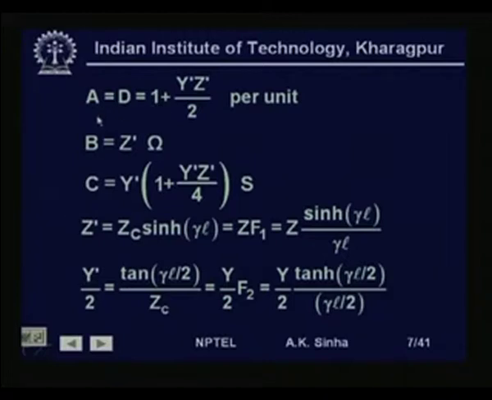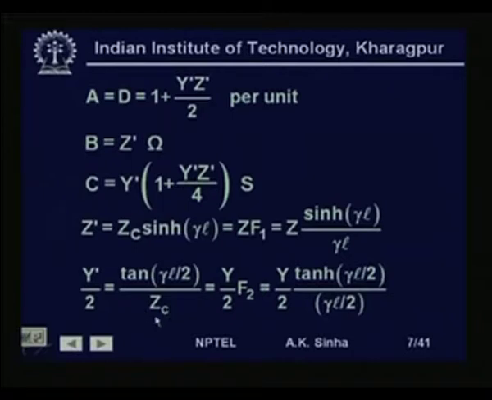There we had seen A is equal to D is equal to 1 plus Y dash Z dash by 2 in per unit. This is a dimensionless quantity, and B is equal to Z dash, this is in ohms, that is impedance units, and C is equal to Y dash into 1 plus Y dash Z dash by 4 Siemens, that is the unit for admittance.